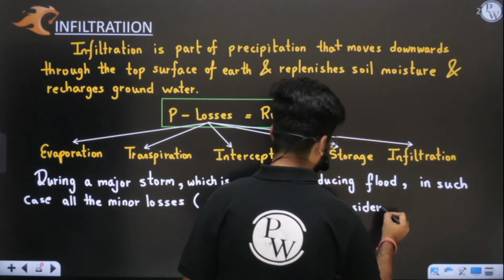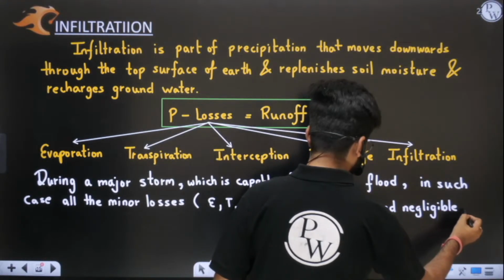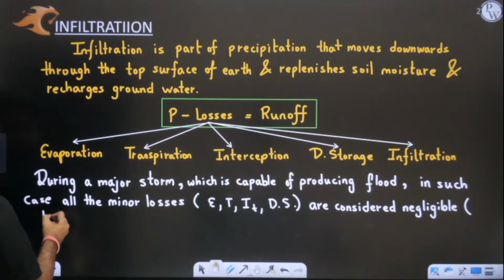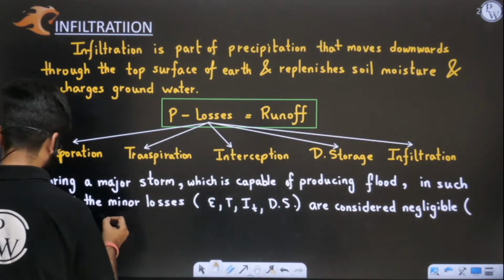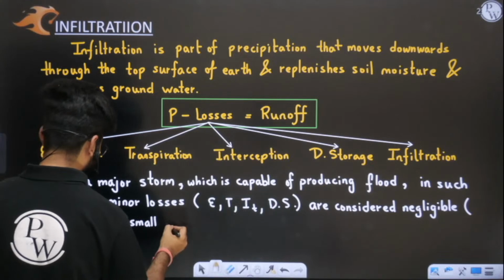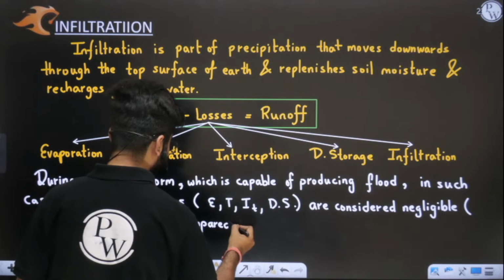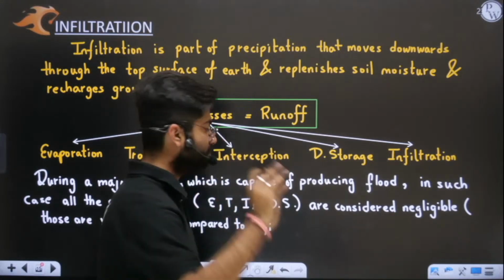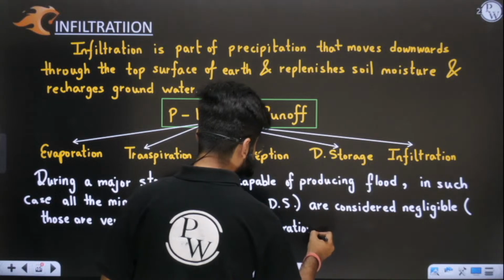And in that case only infiltration will be taking place. We are assuming that those are considered negligible. Those are very, very small as compared to infiltration, which means infiltration here is the most dominant one.